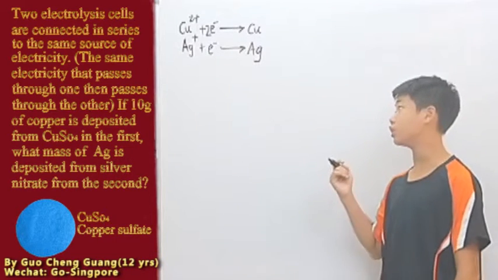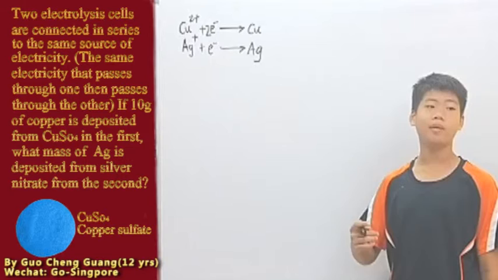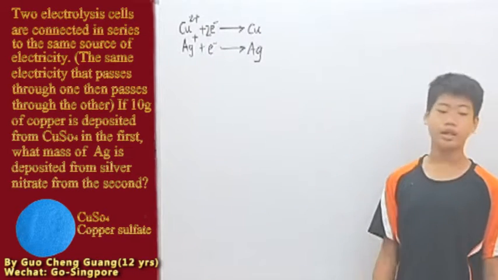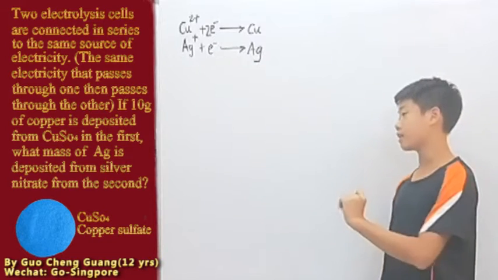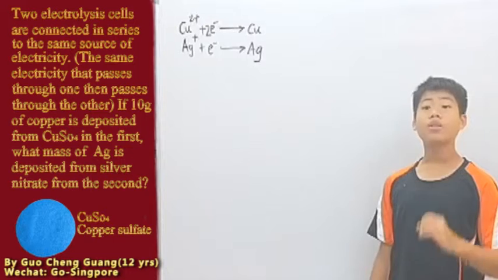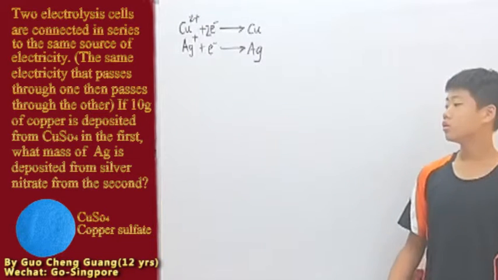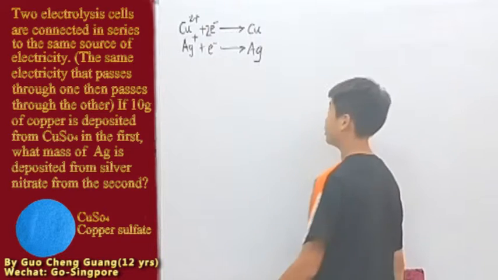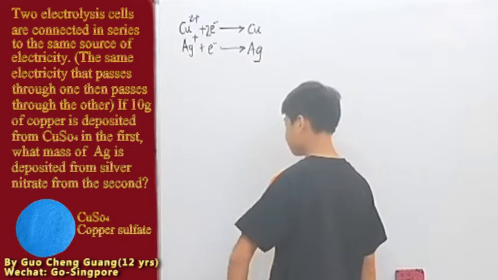If you go back to videos about physics or electric circuits, you'll find that when a circuit is connected in series, the current is the same. So time and current are all the same. The only difference is the mass.